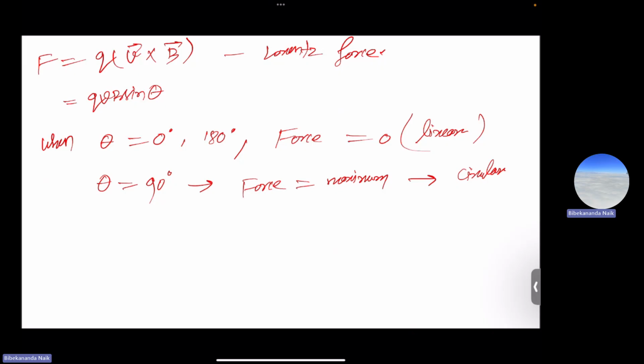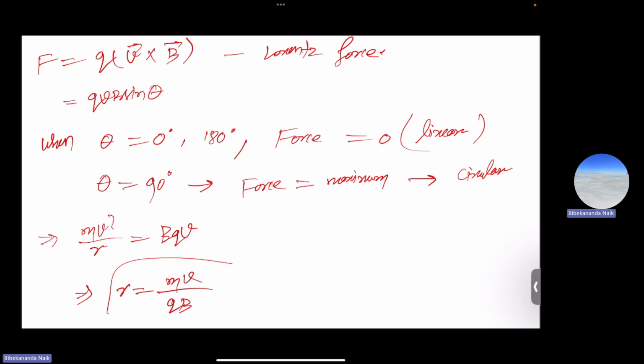When the particle undergoes a circular motion, we know m v square by r is the centrifugal force, which is supplied by this magnetic field force, which is b q v. So if you solve it, r will be m v by q B. This is called the Larmor radius.